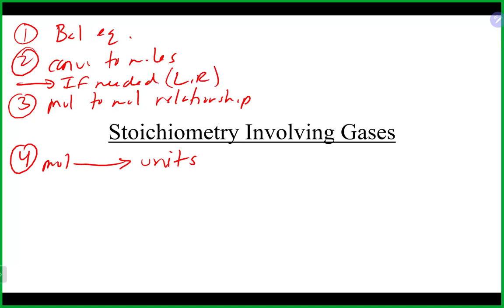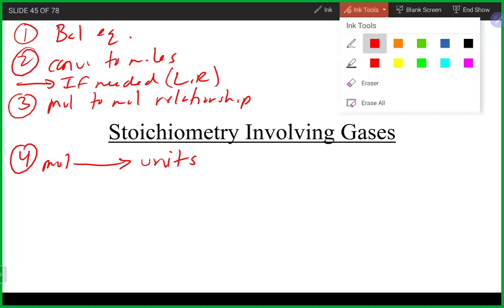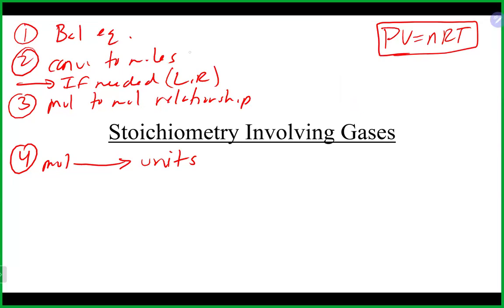The main difference here is honestly, somewhere along the way, you're going to probably use the ideal gas law in most cases. If you use it early on in the calculation, you would use it to get moles, and you probably would be solving for PV over RT here. And also very commonly, you could use the ideal gas law at the end once you have moles.